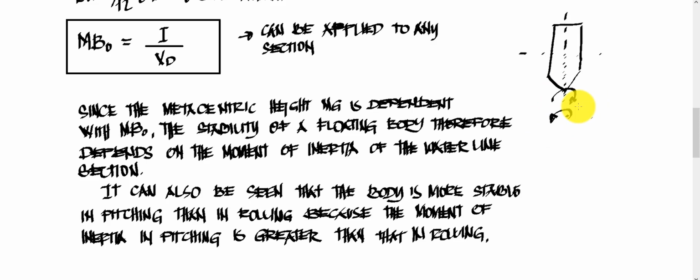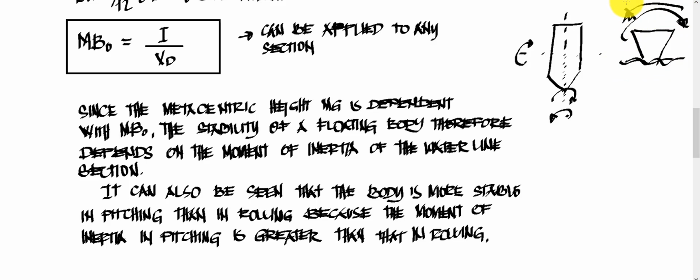So that is rolling, vice versa. If this is our ship in the body of water, and this is the section of the ship, rolling is when it tilts this way, then that way.